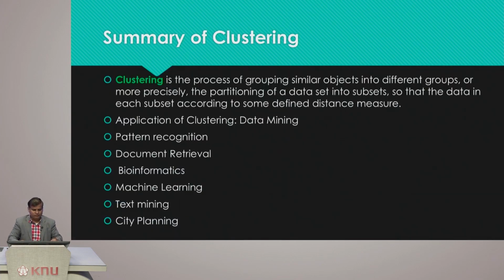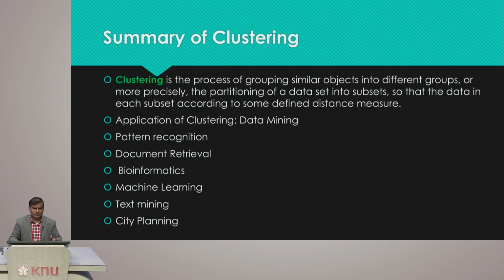In summary, clustering is a process in which we group similar objects together as clusters, and you refine it further and try to define the distance measures and similarity measures so that your clusters look better and more precise.